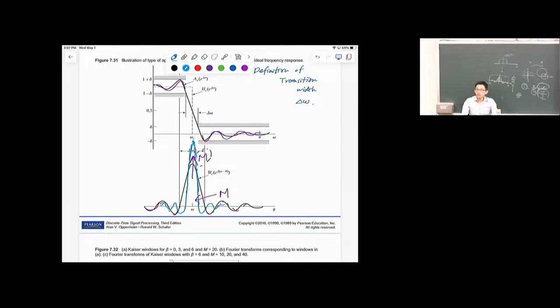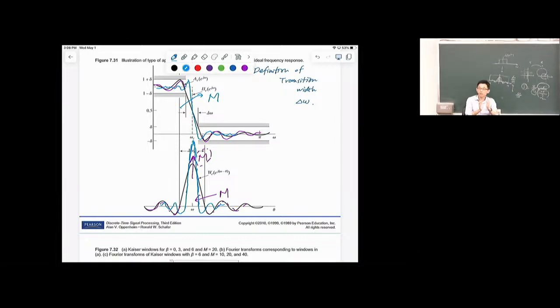You will get a sharper transition from passband to stopband, and also the ripple can be more reduced at every frequency. So that's a result of increasing M: better performance, with a narrower transition.